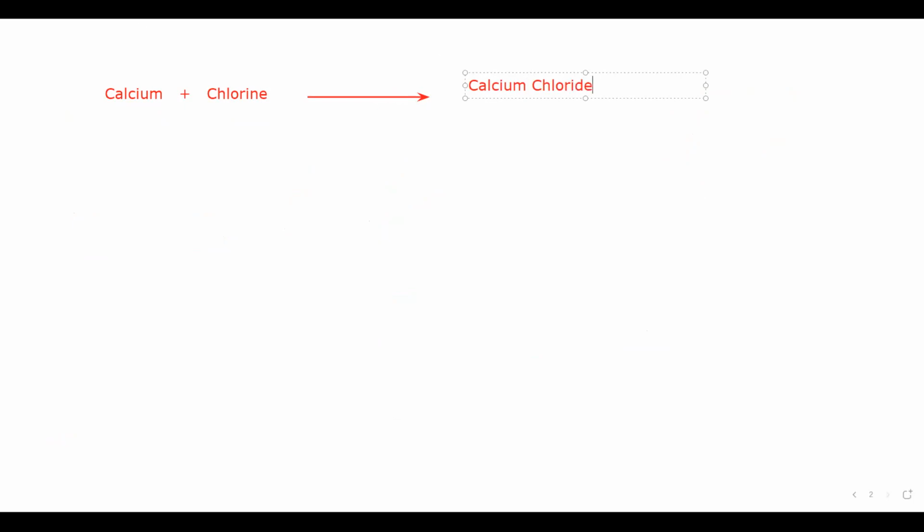Now what we have to do is identify that calcium is an element, which is a metal. Chlorine is also an element, which is a non-metal, and calcium chloride, a chemical combination of 2 or more atoms, is a compound.